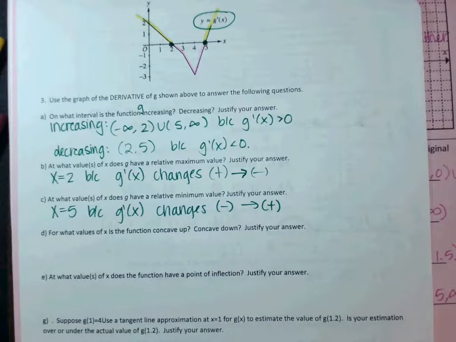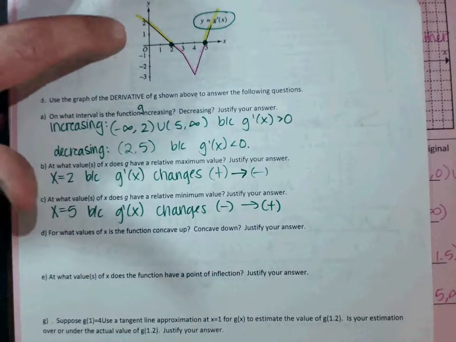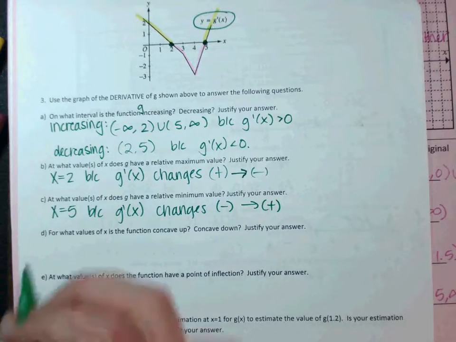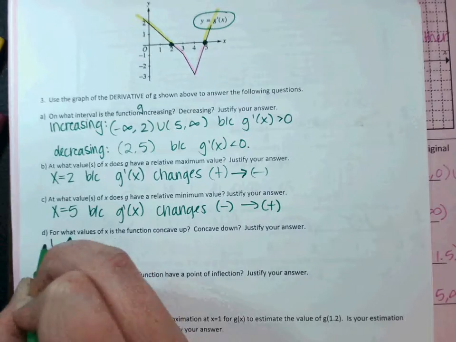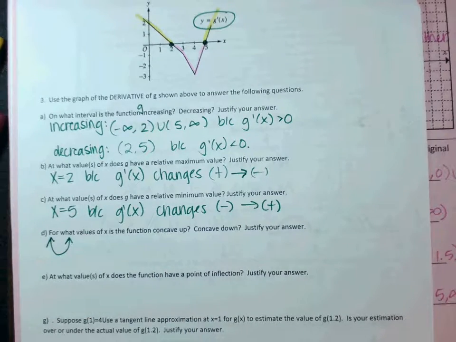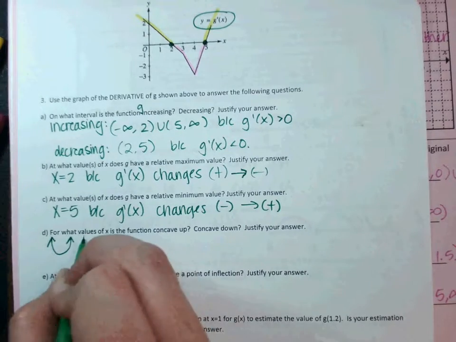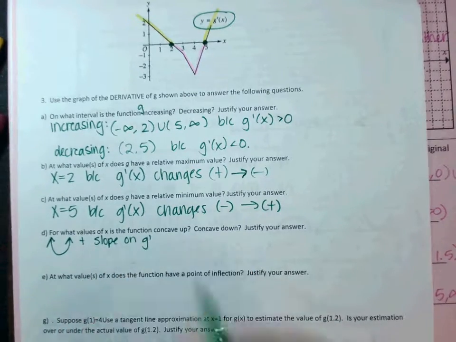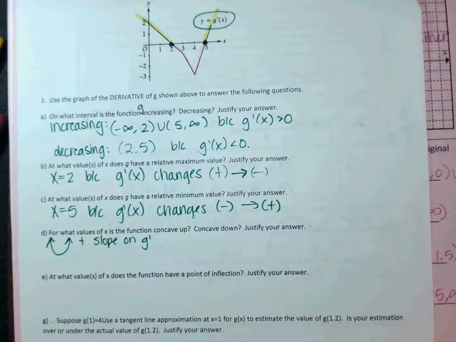What feature in G prime is going to tell us about G double prime? The slope. Very good. So if I want it to be concave up, I want a positive slope on G prime.